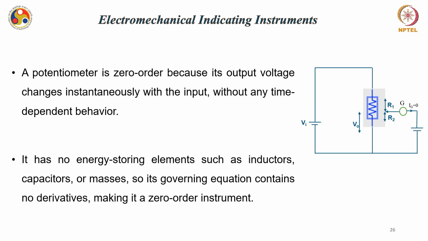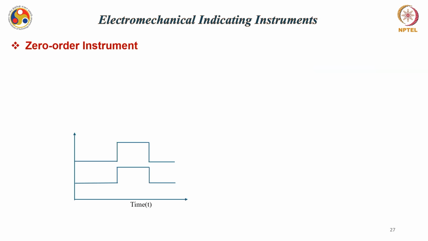It has no energy storing element, meaning you can simply see that it doesn't have any capacitor or inductor, or carry masses. So its governing equation contains no derivatives, making it a zero order, very simple instrument.